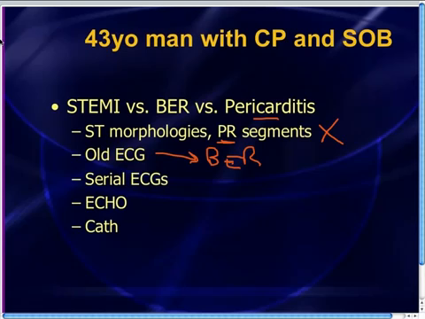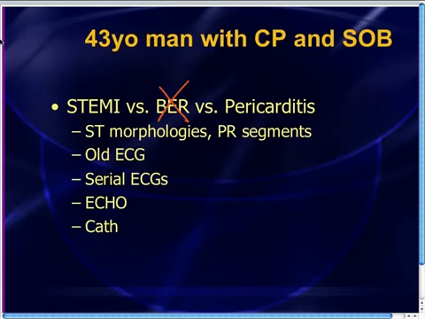And I'll tell you what happened in this case. We got an old EKG, and the old EKG, which I don't have for you, was rock solid normal. There is no ST segment elevation. So it's changed, and that rules out early repolarization.